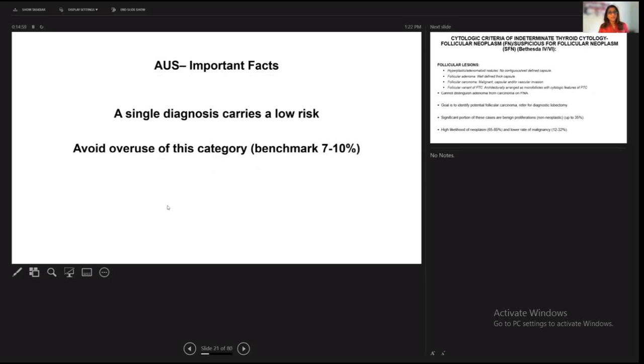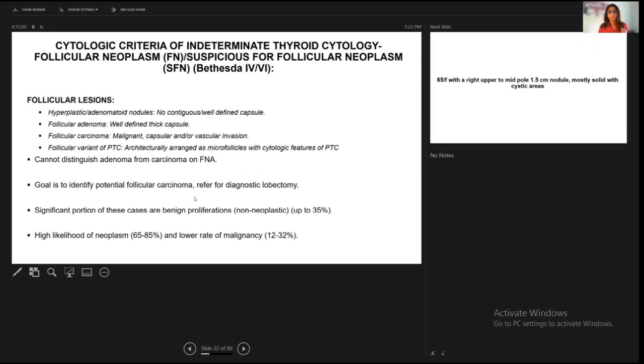So some important facts: a single diagnosis of AUS carries a low risk. As you can see, the repeat tends to be more benign. Therefore, avoid overuse of this category. Keep it limited to at most 7 to 10%, because you don't want unnecessary or aggressive management on these cases, because a lot of them tend to be benign.